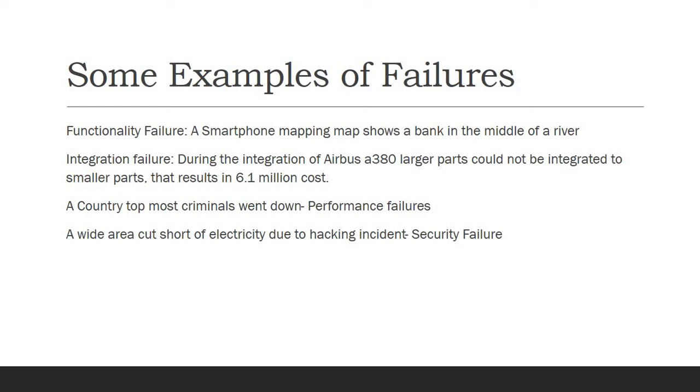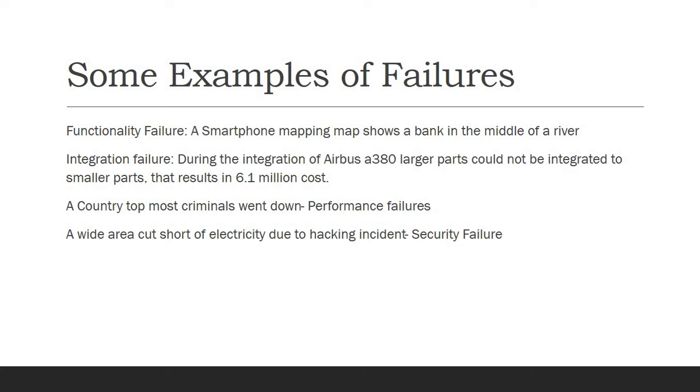For example, a smartphone map shows a bank in the middle of a river. A smartphone application that is designed to show a map of different locations shows a bank in the middle of a river. That is basically a functionality failure of the app.